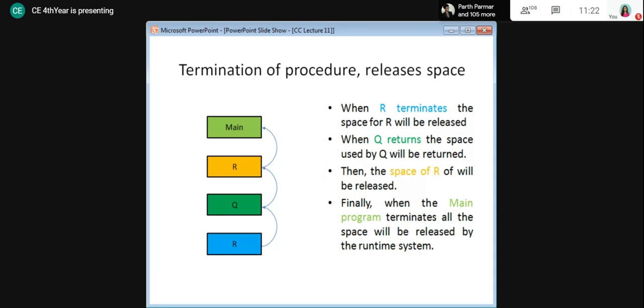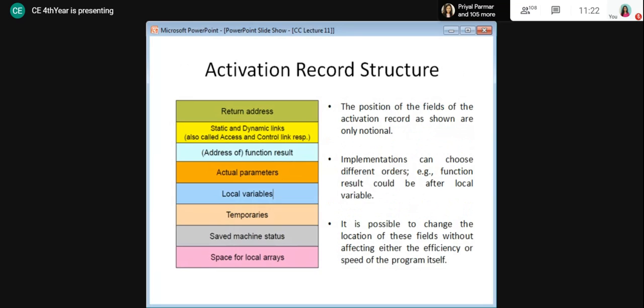And when finally the main program terminates, the entire space that the runtime system was using will get released, right? So with the call to the procedure, space is allocated, and with the termination of the procedure, the space is released, in the same order.